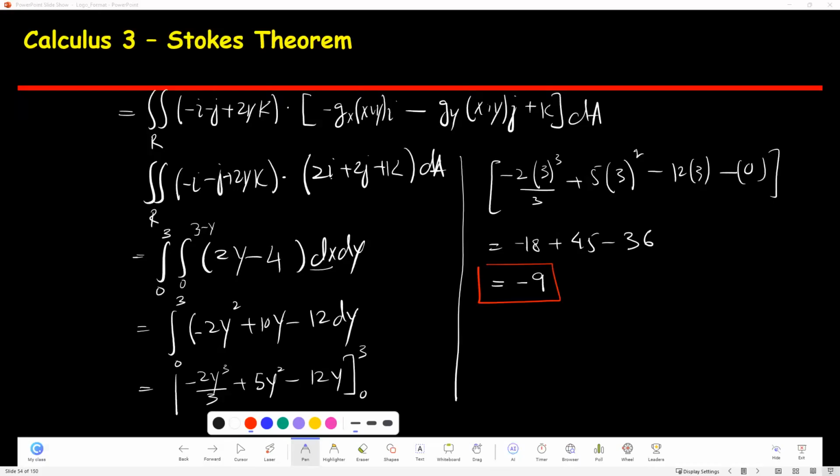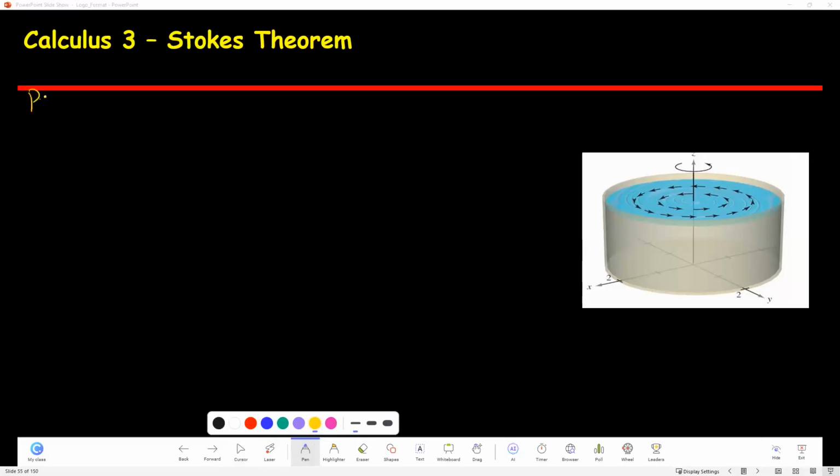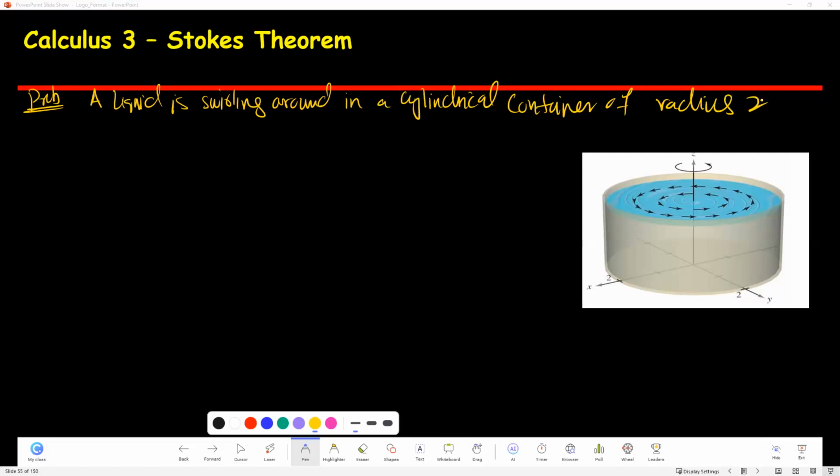Okay, let me do another problem. A liquid is swirling around in a cylindrical container of radius 2, so that its motion is described by the velocity v.